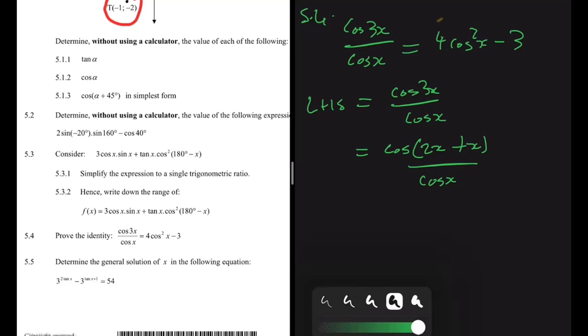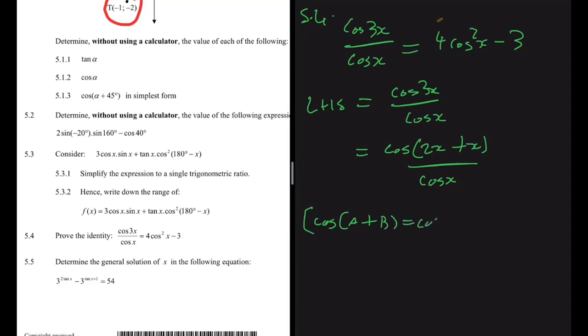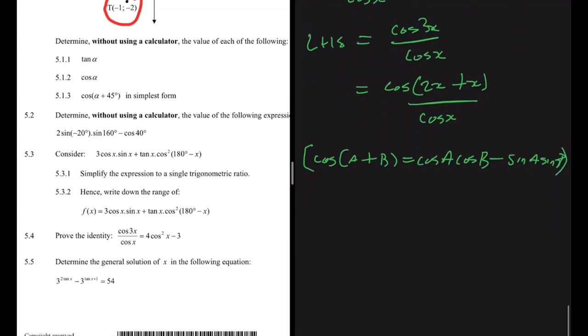But let me just write it down for the fainthearted ones. So we're basically saying cos of a plus b is equal to cos of a cos of b minus sine of a sine of b, right? It's on the back of the question paper when you're writing your exam, right?